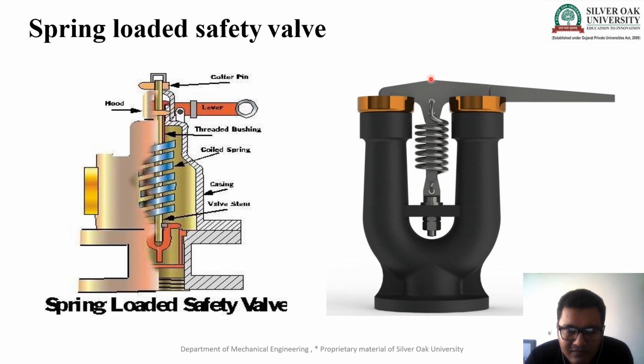If the lever goes upward, the two valves open, and the excess amount of steam goes out into the atmosphere. Again, when the pressure is in the working pressure range, the spring returns to its original position, and the two valves are closed.